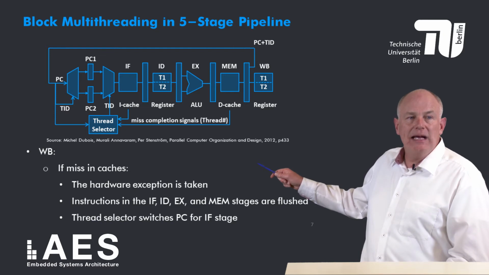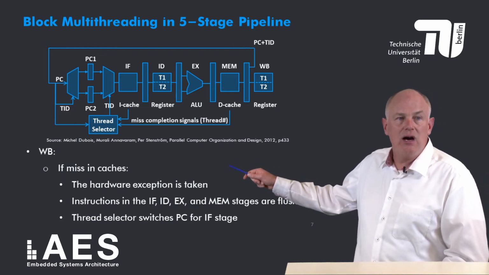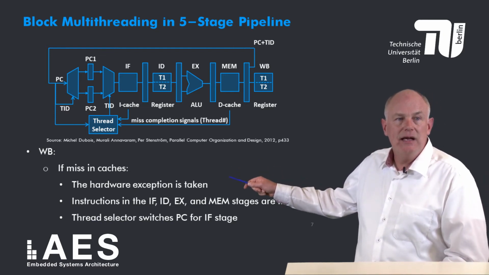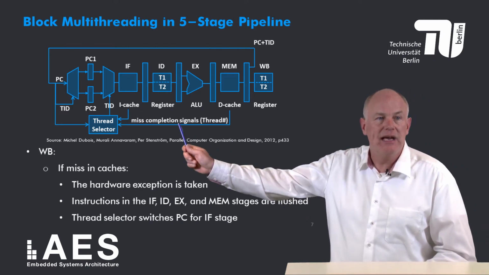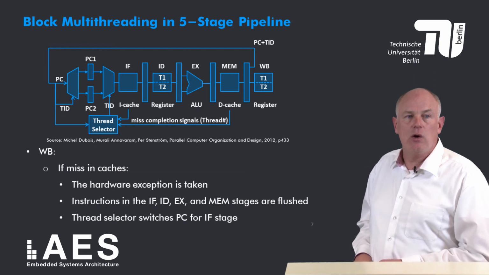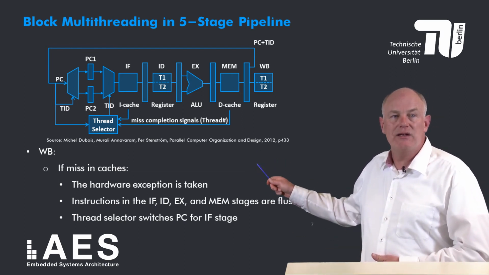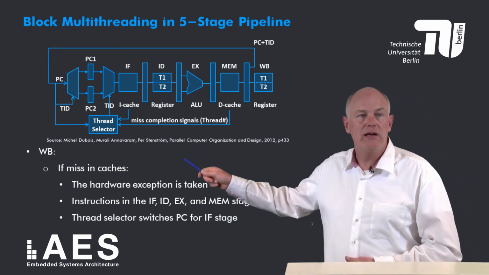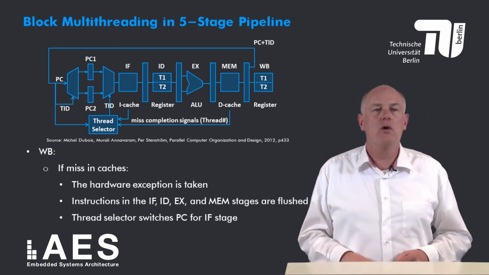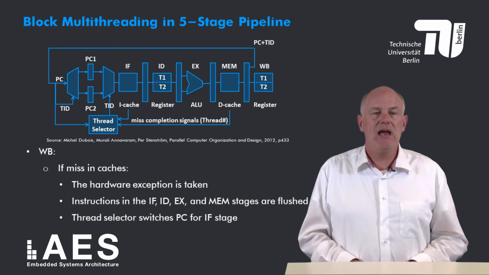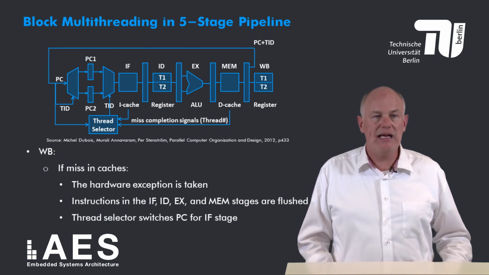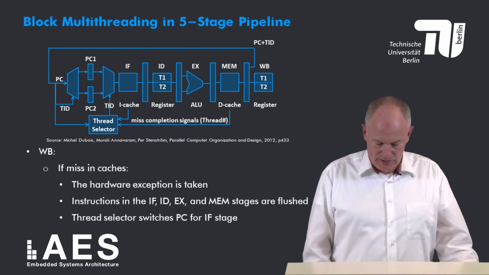Finally, the write back. If there was a miss in cache, the hardware exception is taken. That means the instructions that are currently in the preceding instruction fetch, decode, execute or mem stage are flushed, and the thread selector switches to the other thread. But this may also occur already before if we interrupt the current instruction.